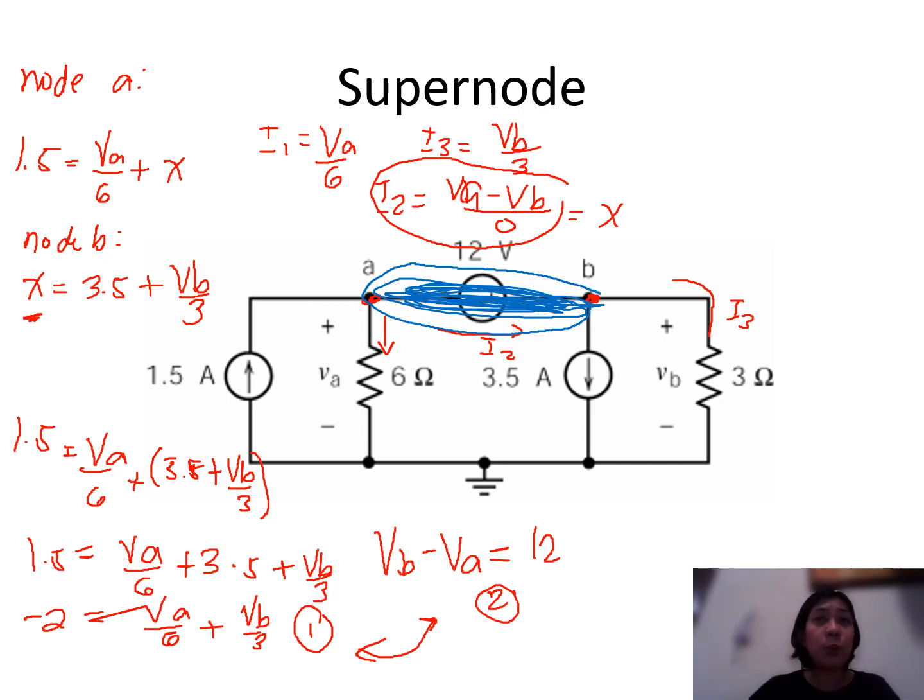So this is using the supernode. As you can see, your 1.5 enters that node, so we have here positive 1.5.